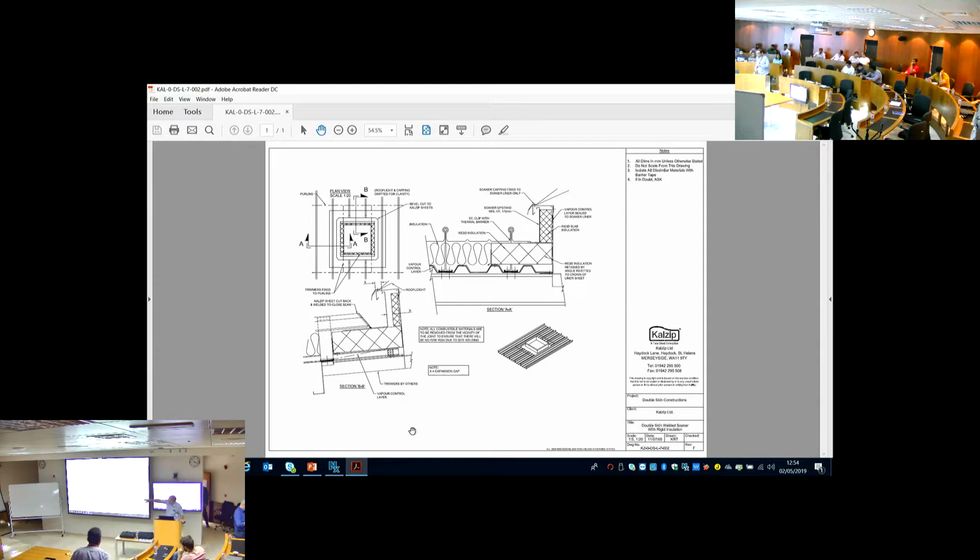So this is a detail. Allow it to move. Inner and outer. So this is part of the standing seam, and this is the inner penetration. So two pieces.